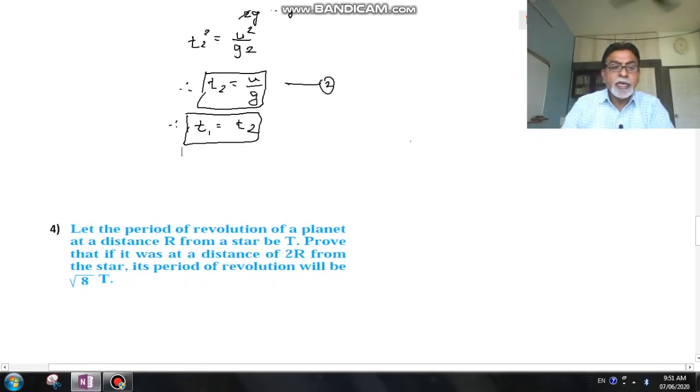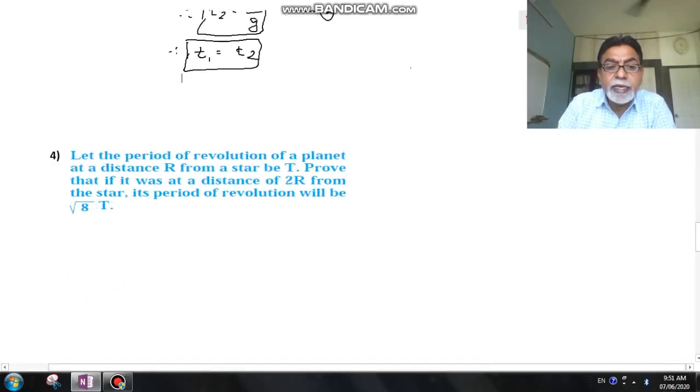Next problem. Let the period of revolution of the planet at a distance r from the star be t. Prove that if the planet is at a distance 2r from the star, then its period of revolution is root 8t.